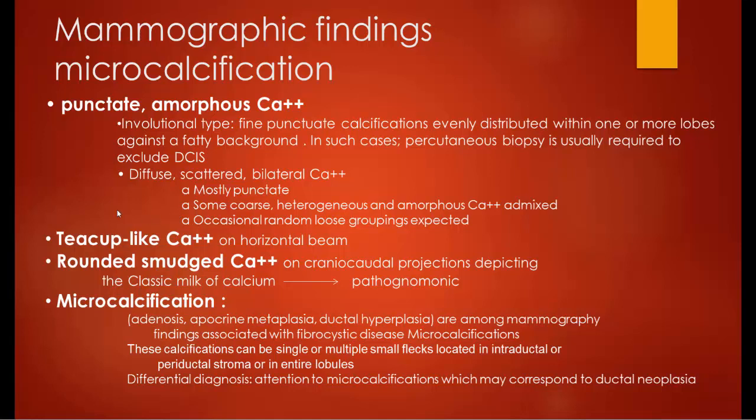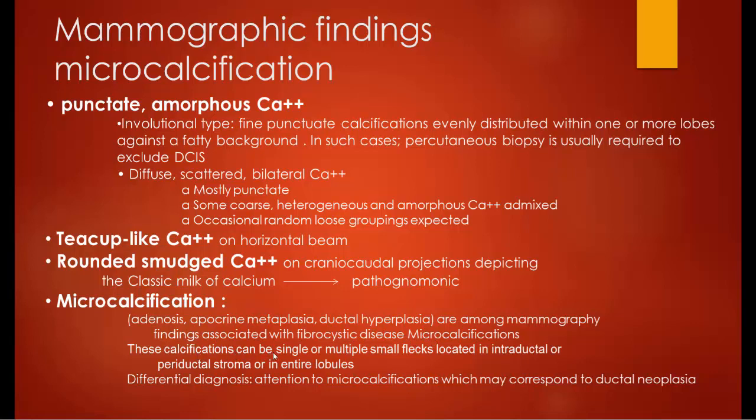Another morphology of calcification: teacup-like calcification in horizontal beam view. Another one: rounded smudged calcium on craniocaudal projection, depicting the classic milk of calcium, which is pathognomonic for fibrocystic change. Microcalcification seen in adenosis, apocrine metaplasia, and ductal hyperplasia are among mammography findings associated with fibrocystic disease.